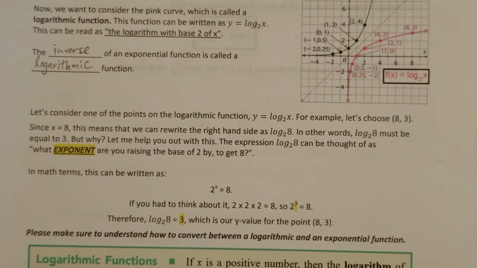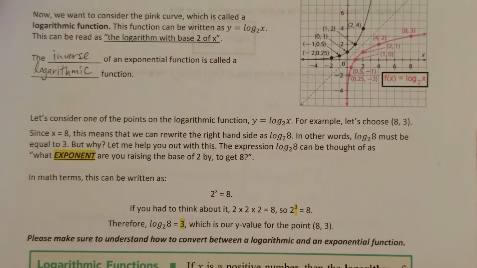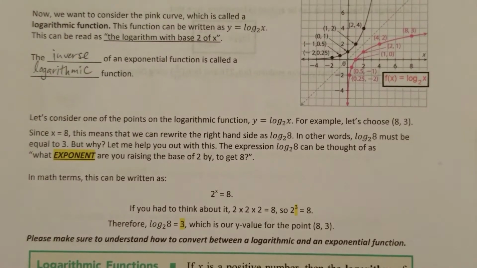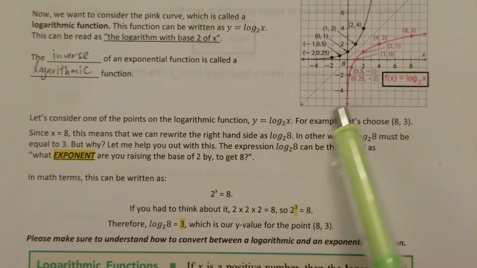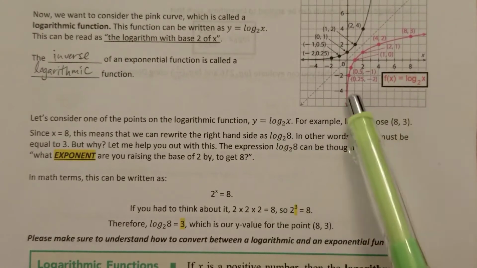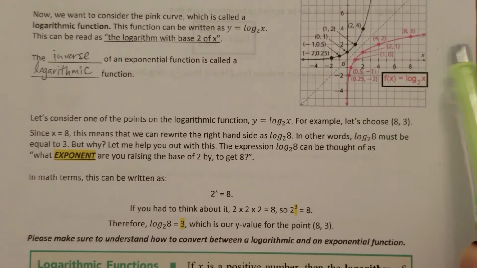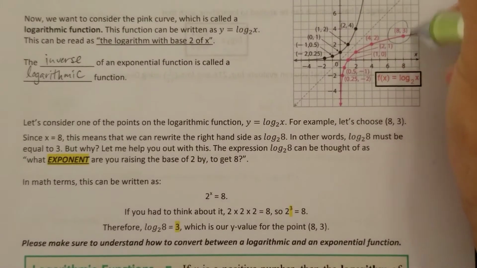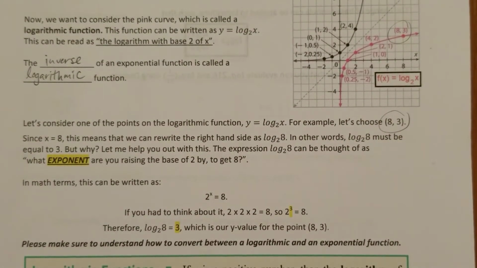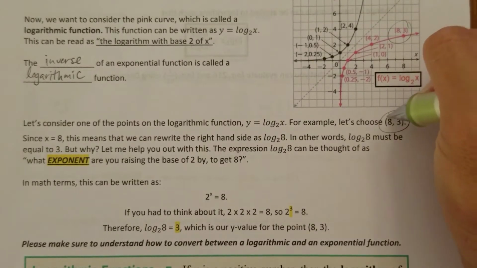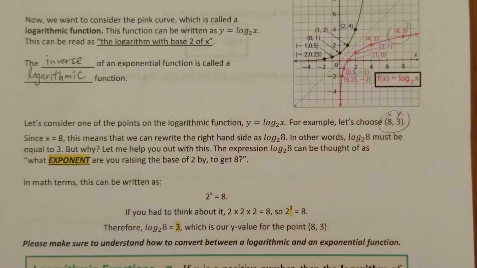So next part. Let's consider one of the points on the logarithmic function. This is our function, f of x, or y equals log base 2 of x. Let's say we choose this point here, 8 comma 3. So we know that x is going to be 8 and y is equal to 3.